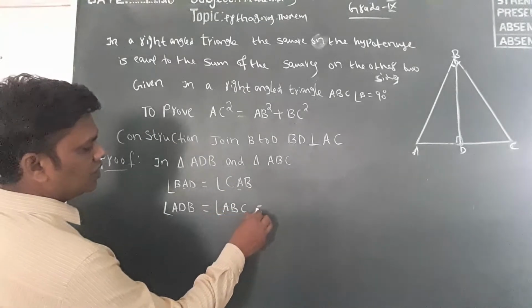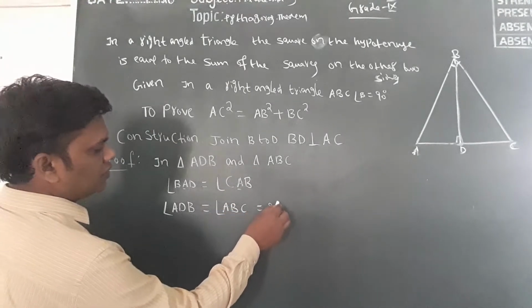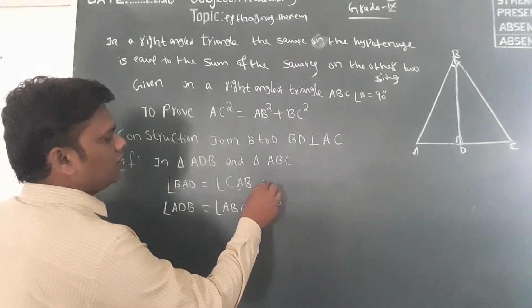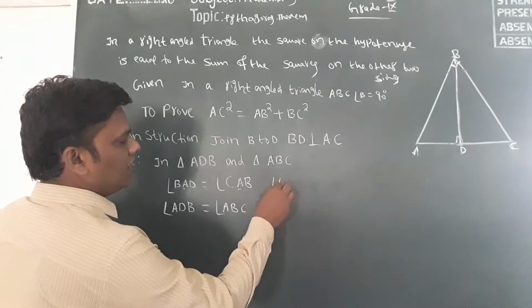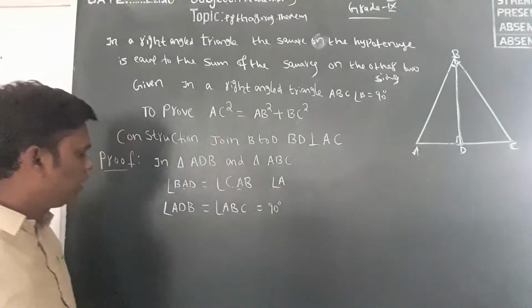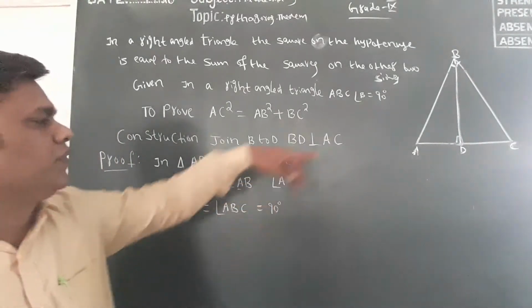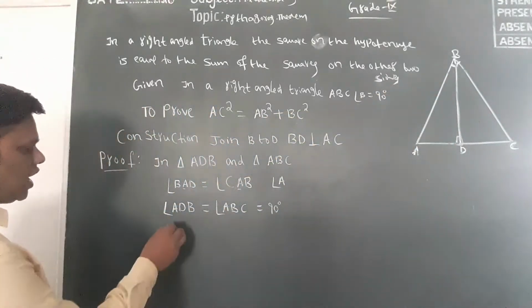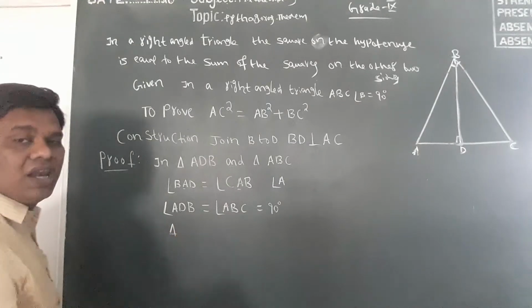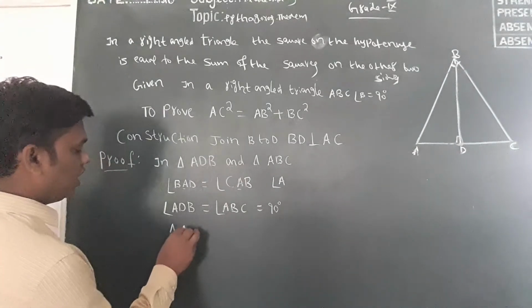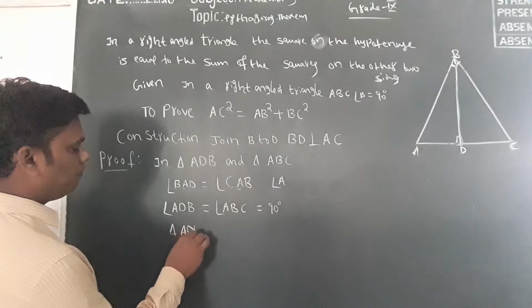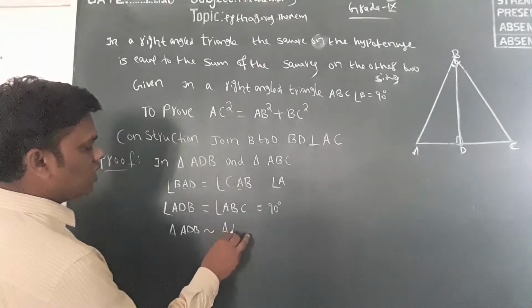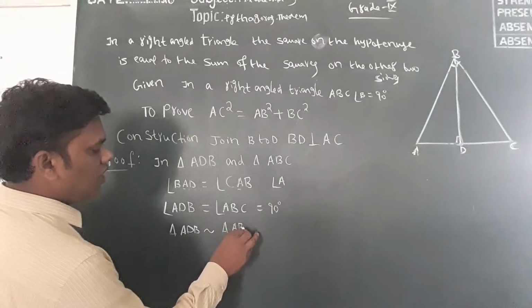Here both angle A, and both right angles. Now we can say that triangle ADB is similar to triangle ABC.